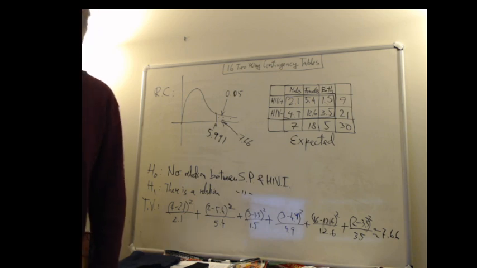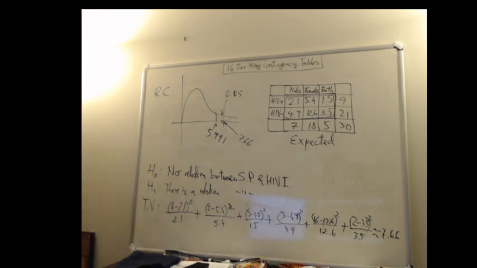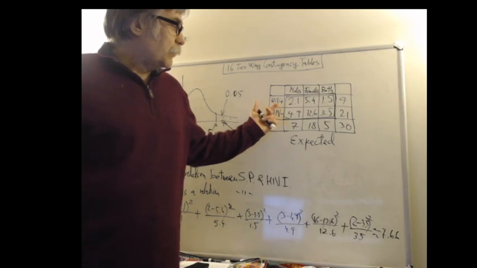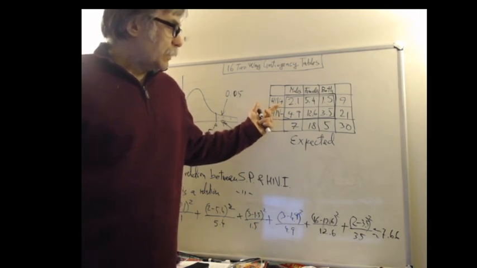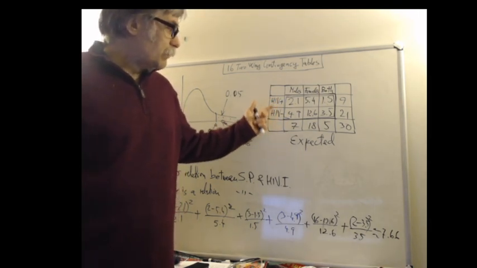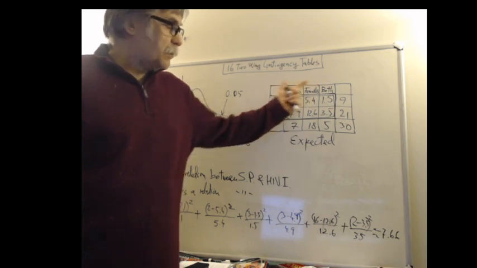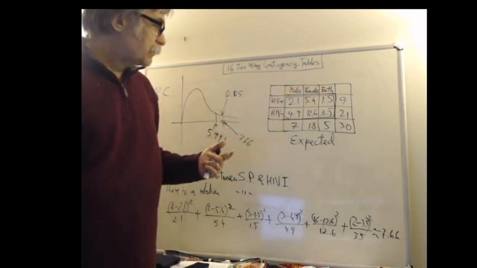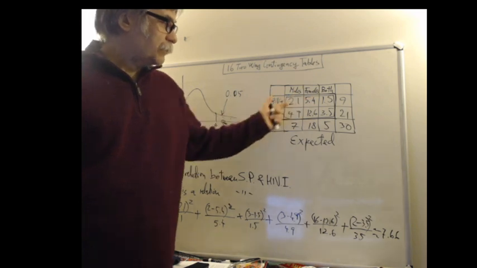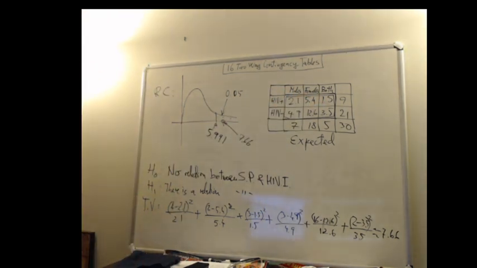If you use a very small number of categories, and I'm using here a 2 by 3 table, 2 response variable categories and 3 explanatory variable categories, so I have 6 cells. If you don't have more than 4, then we usually use something else called the Fisher exact test.